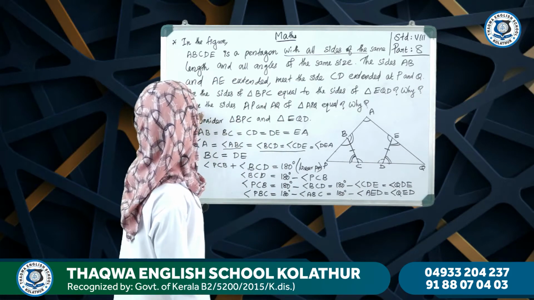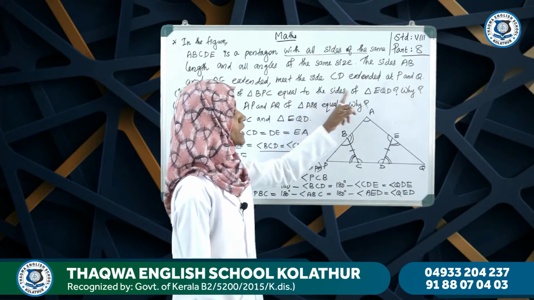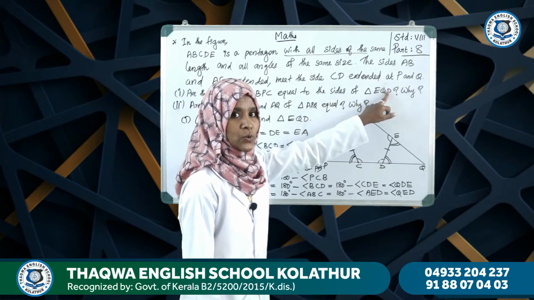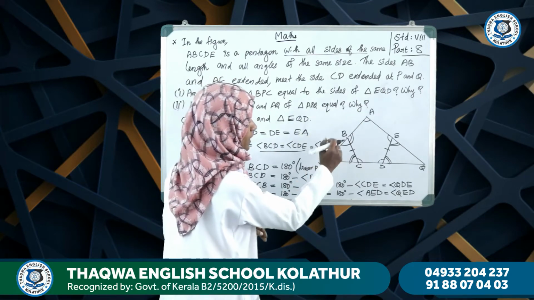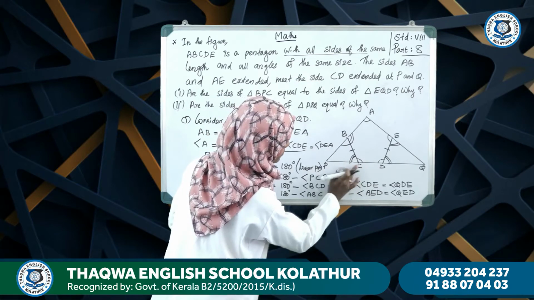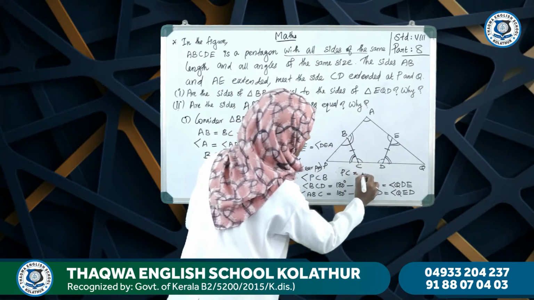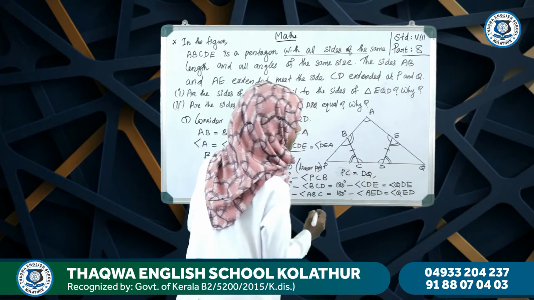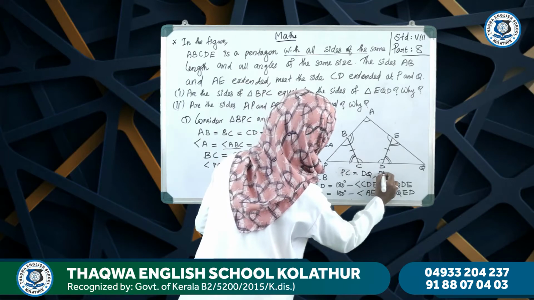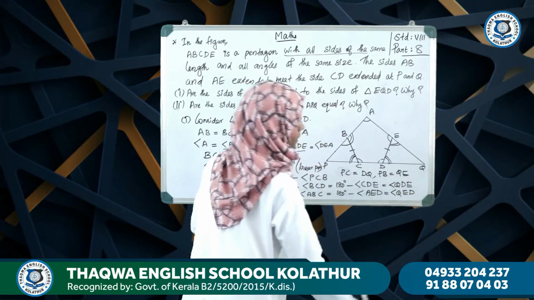So what is our first part? Are the sides of triangle BPC equal to the sides of triangle EQD? Then from this we can write the side PC equals DQ, and also PB equals QE.